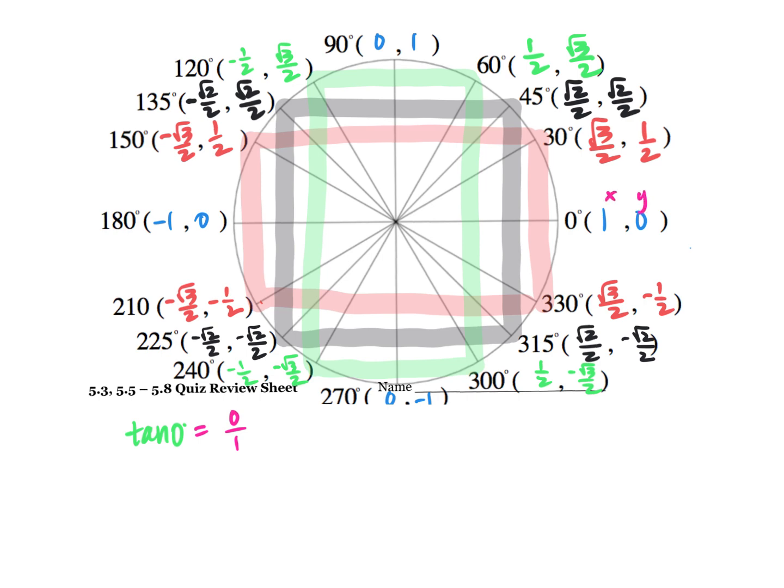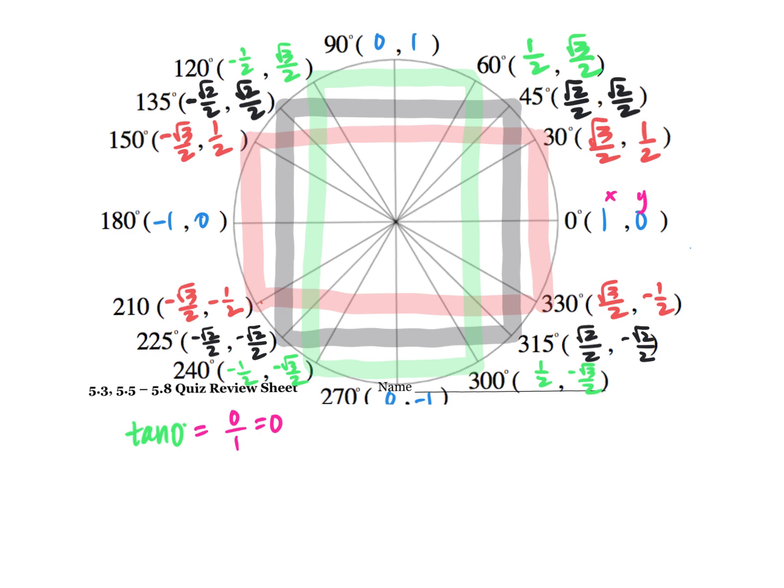It's 0. What's 0 divided by 1? 0. So when it says, what's the tangent at 0, right here on the puzzle, I personally would write a 0 right next to it before I even cut this thing out. I would start simplifying these, or you could do it anytime.